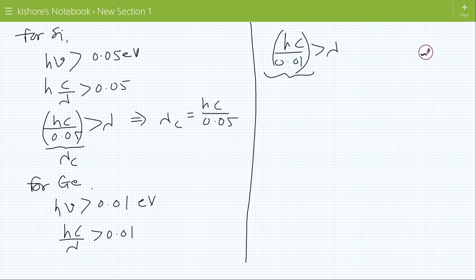So this is now lambda c for germanium, that is hc by 0.01. This is the critical wavelength for extrinsic excitation.